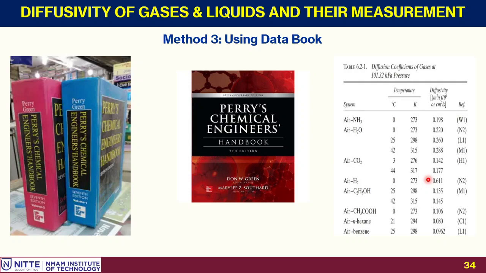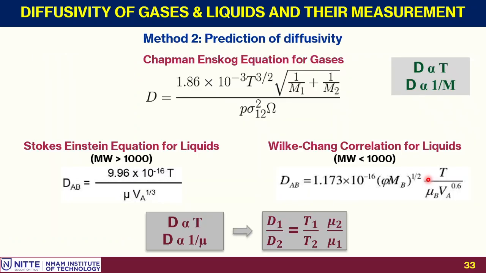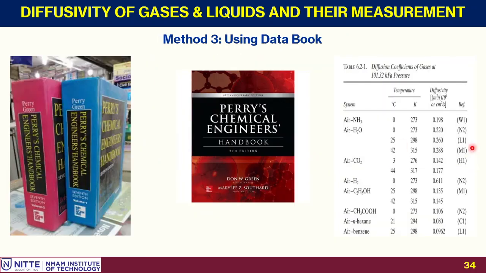Whereas the previous one, the prediction method, is not specific to our given system. Any given molecule you can use under certain conditions. In the data book, specific systems are given: air-water, air-ammonia, or air-ethanol, with specific values at a specific temperature.